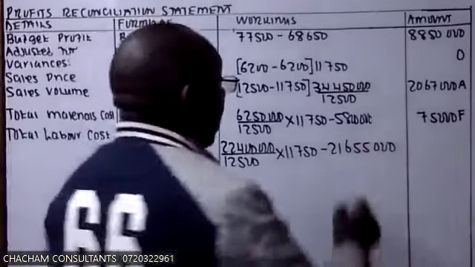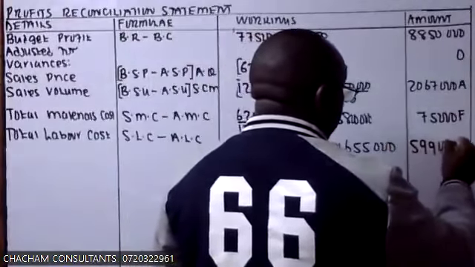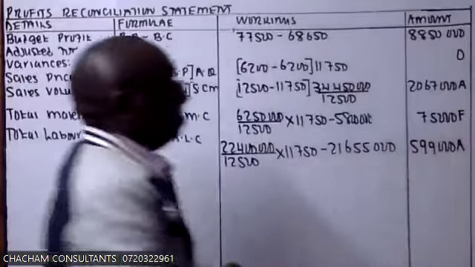Yeah, negative 599. So we normally put it as 599,000 adverse that way.